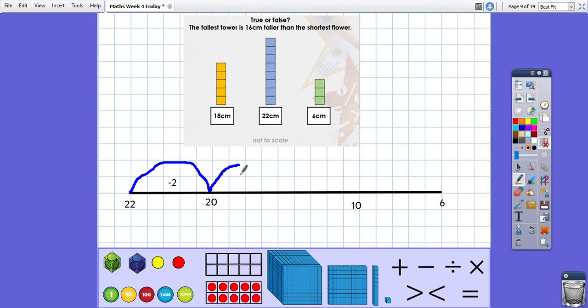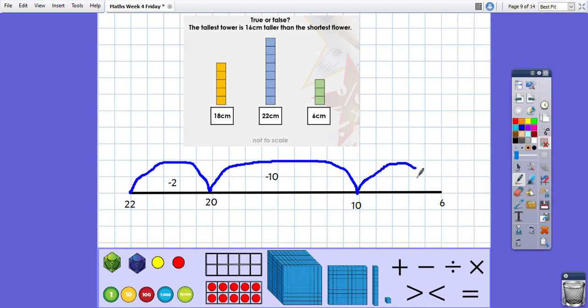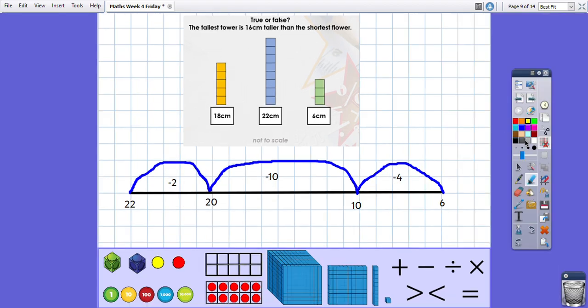Let's do my jump all the way to 10. And to get from 20 to 10, I know that I just have to take away 10. And then to get from 10 to 6, I'm going to use my knowledge of number bonds. I know that it's 4, because I know that 6 and 4 make 10. So to get to 6, I have taken away 4. So now I just need to add up the numbers in my jumps.